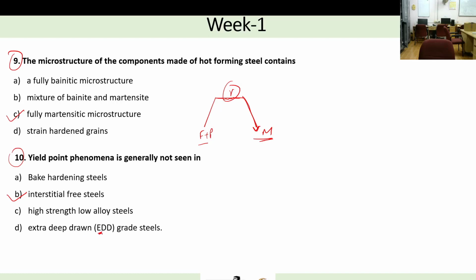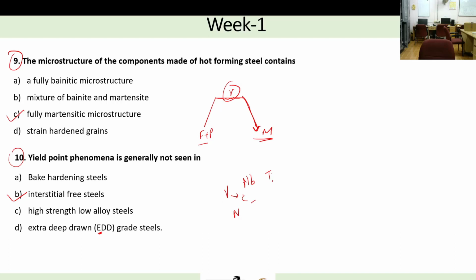Where also we are locking the carbon, like we are adding some carbide formers, maybe some niobium, titanium, vanadium. Similar to interstitial free steel, they will be combining with carbon or nitrogen, that interstitial atom, to form carbonitrides, maybe carbide, sometimes nitrides, and they will impart you the strength.